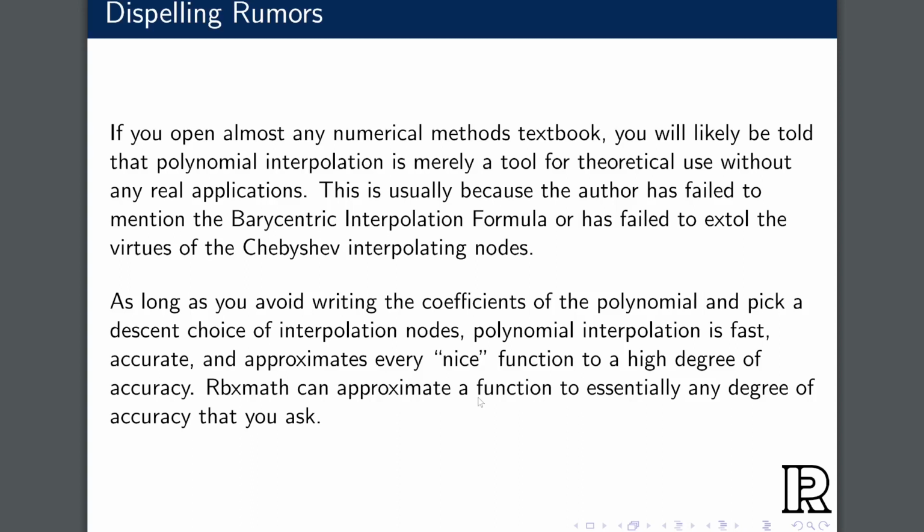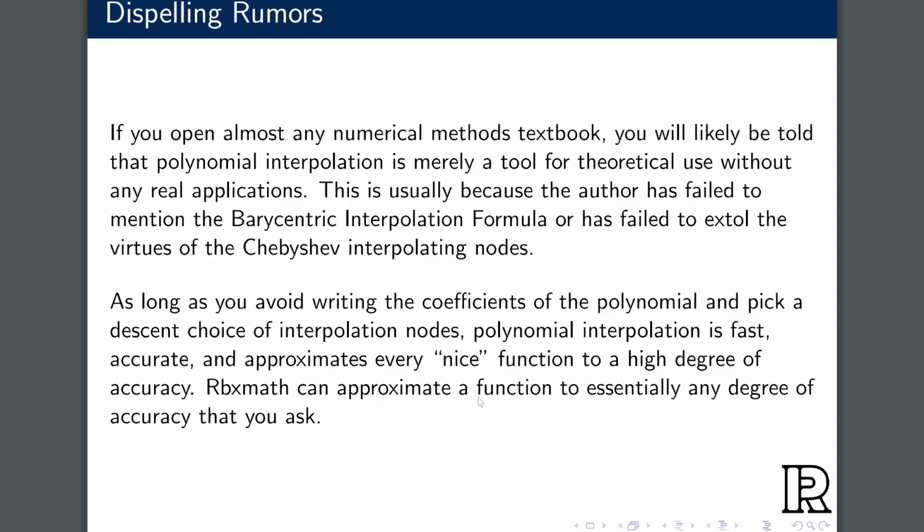Another great thing about Chebyshev interpolation is that it will essentially tell you if the interpolation is bad. There is a way with Chebyshev interpolation to estimate the error between your true function and your Chebyshev approximation, and it'll just basically tell you straight up, this is bad, or this has highly oscillatory behavior.